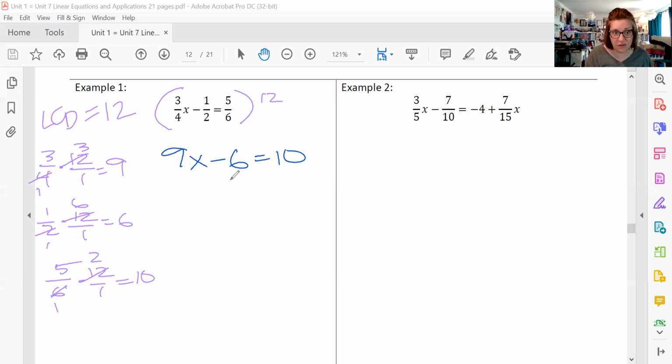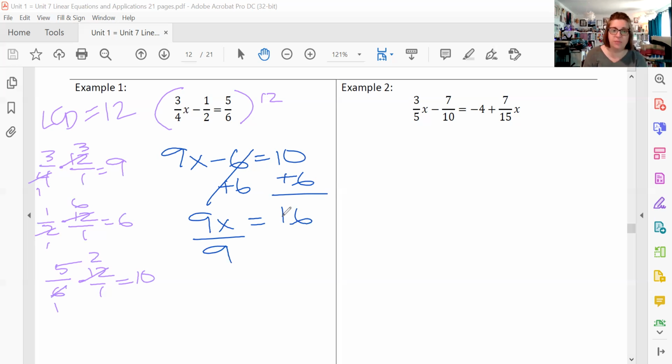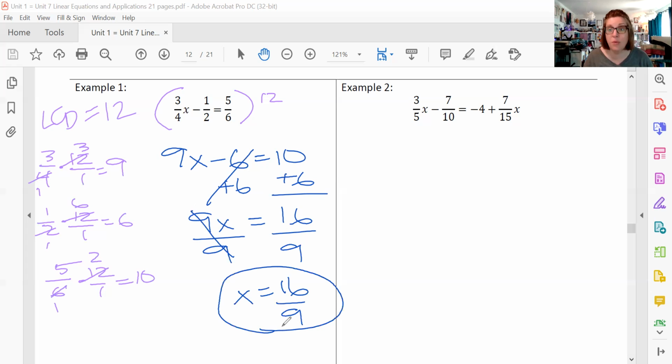I'm solving for x, so I'm trying to get everything away from that x so I can get it by itself. First, I add the 6 because it's crossing the equal sign. 10 plus 6 is 16. Then I'm going to divide by 9. So my answer is going to be a fraction, and I'm okay with that.